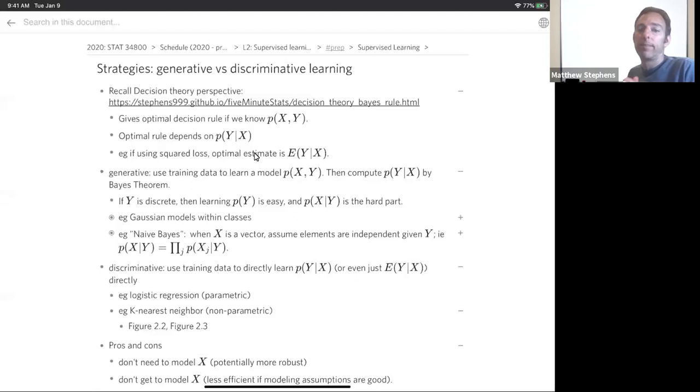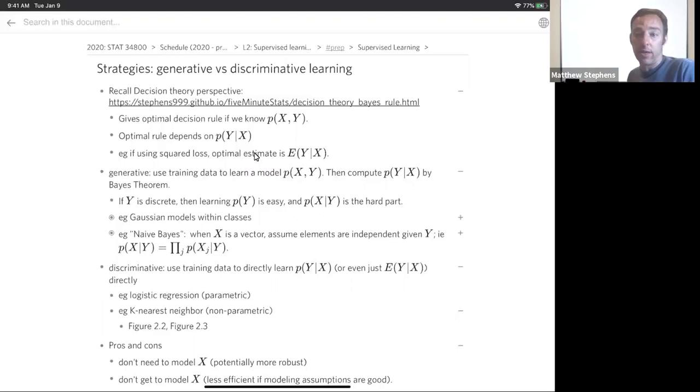But we don't know that in practice. We just have a training data set. So we're going to assume that the training data set is a sample or a set of samples from that joint distribution.